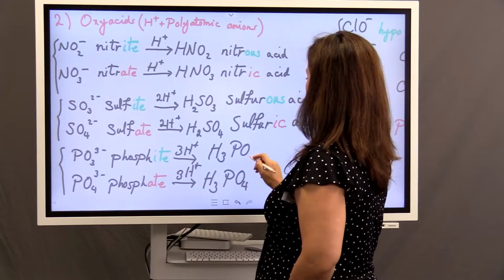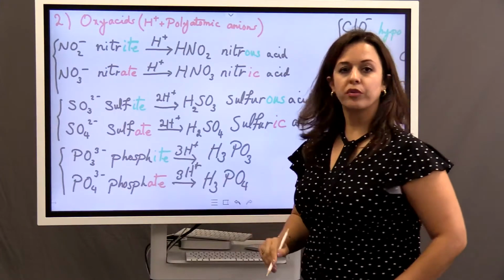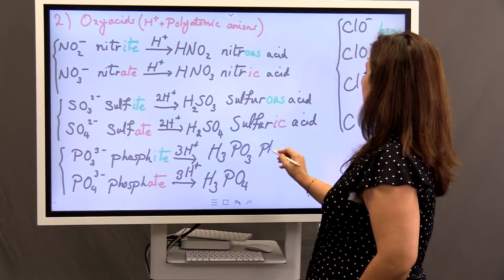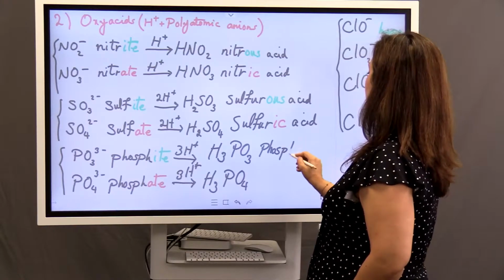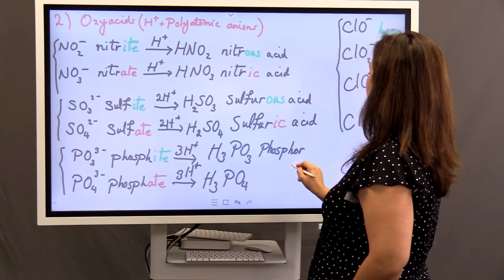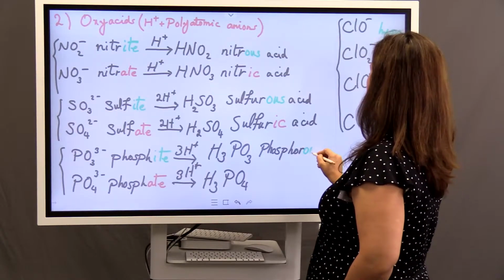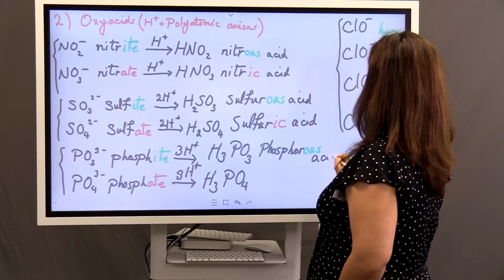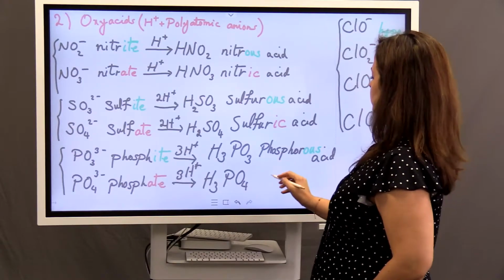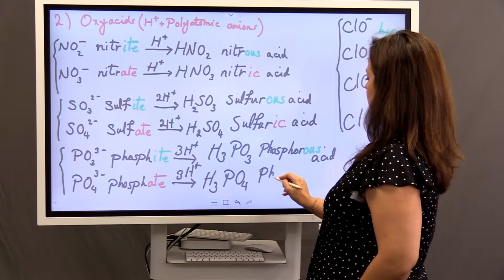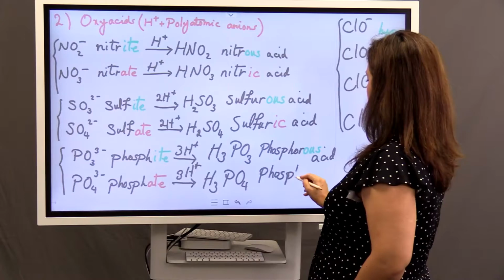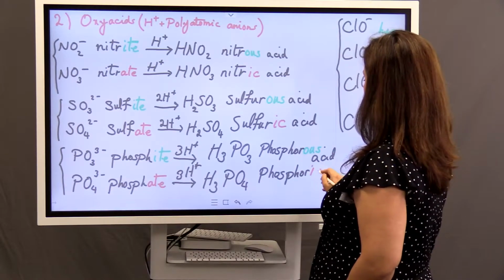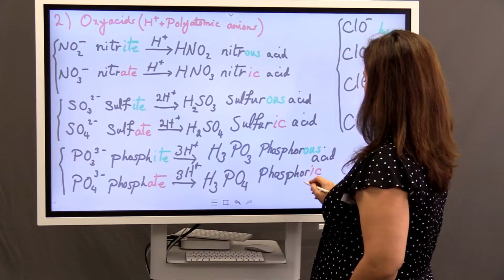I'm sorry, this is 3. H3PO3 and H3PO4. So this is going to be called phosphorous acid, and this is going to be called phosphoric acid.